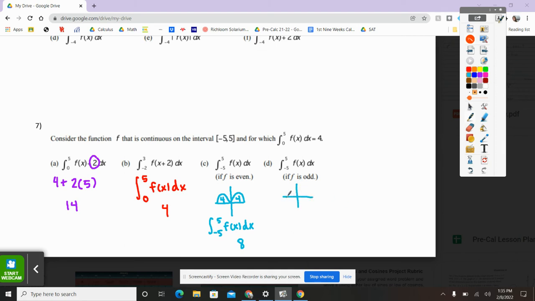But if it's odd, one side is negative, the other side is positive. So if this is a positive 4, that means over here would be a -4. So if it was an odd function from -5 to 5 of f of x, has to be equal to 0 because they cancel each other out.